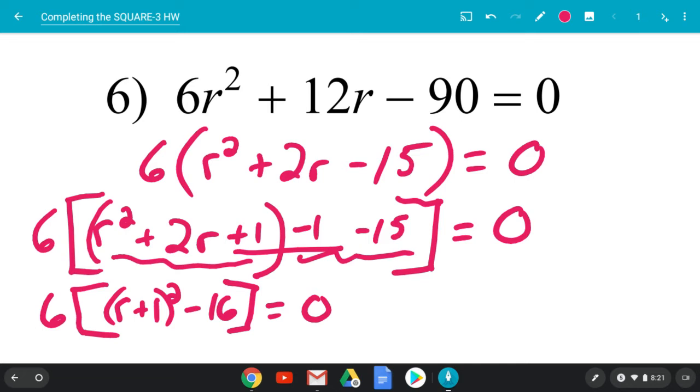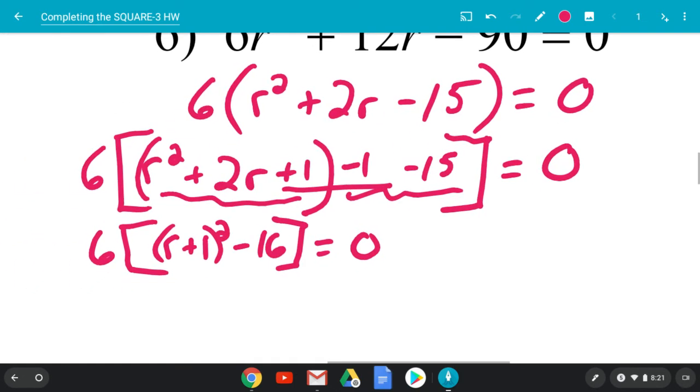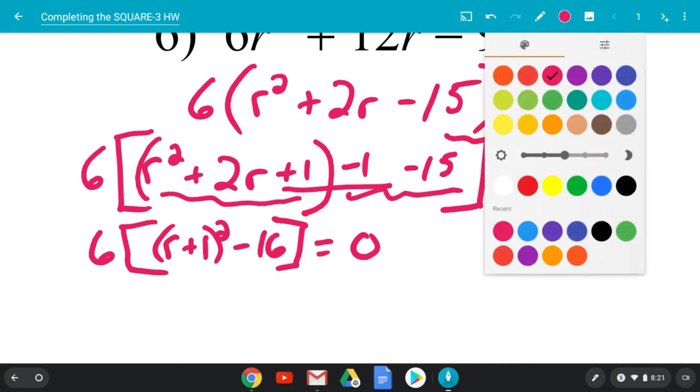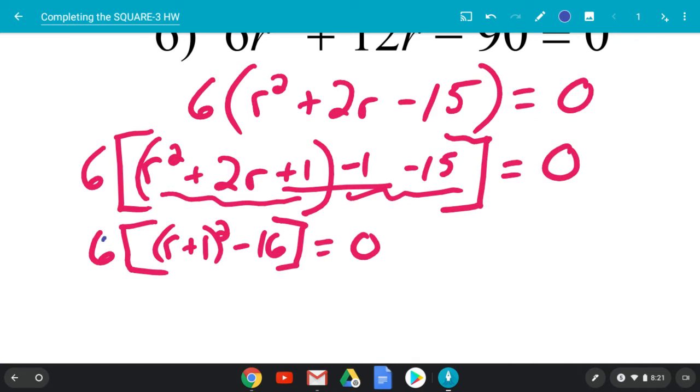The last step is that first set of parentheses that's there. I want to get rid of that. Well, what is it called when we multiply something over a parenthesis? Yeah, distribution. So that's what I'm going to do here. I'm going to take this 6 and distribute it back. I'm going to multiply it times that, and I'm going to multiply it times that.